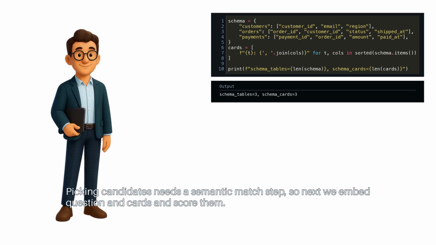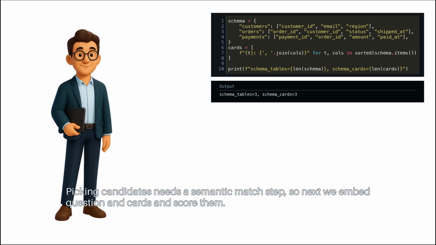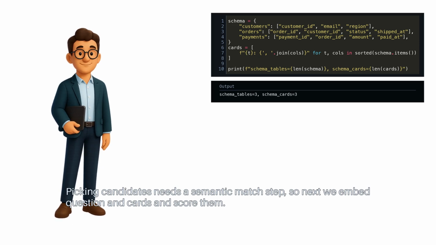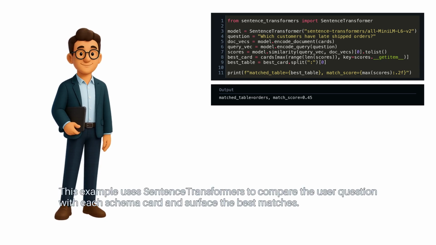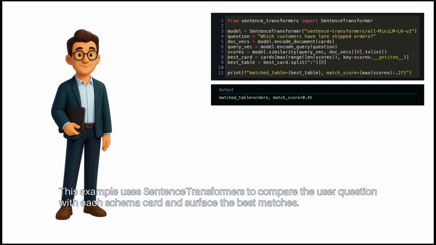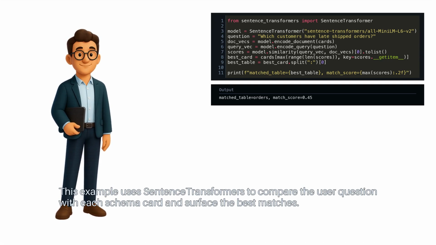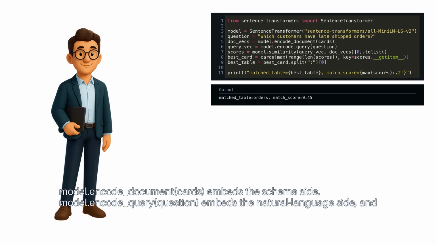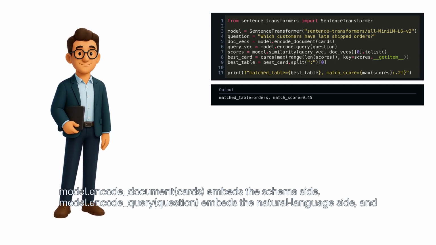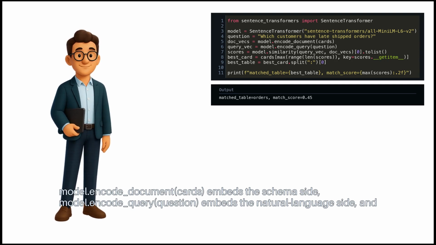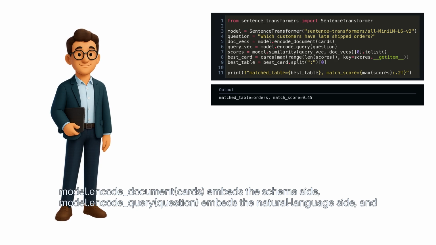Picking candidates needs a semantic match step, so next we embed question and cards and score them. This example uses SentenceTransformers to compare the user question with each schema card and surface the best matches. model.encode on the document cards embeds the schema side. model.encode on the query question embeds the natural language side.